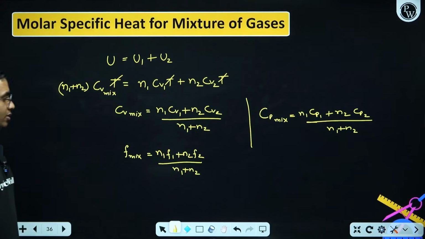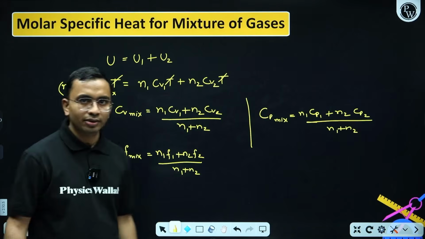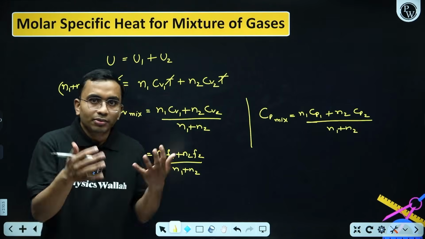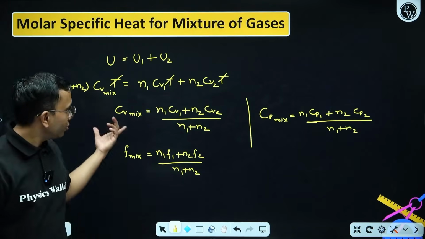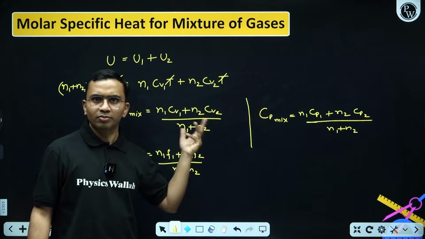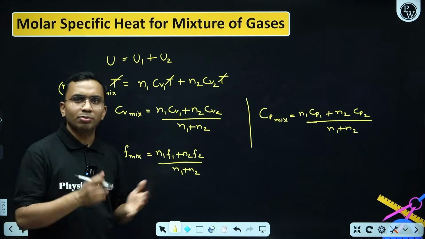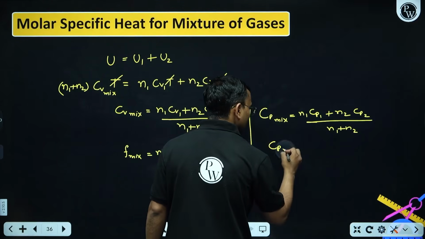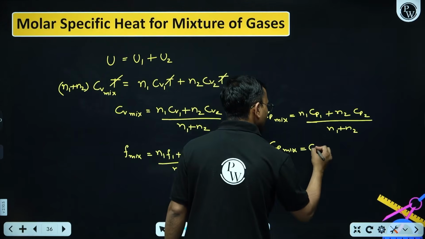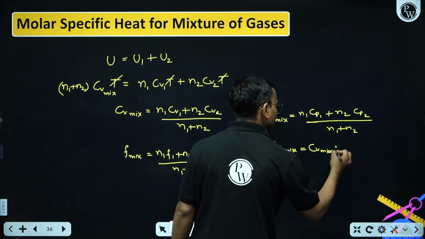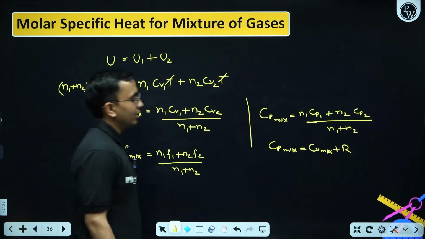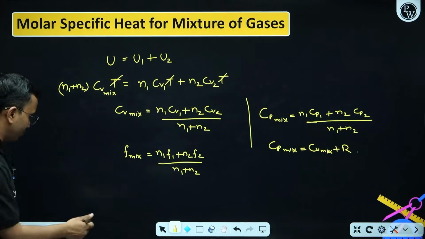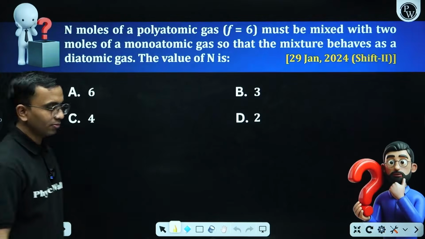So these formulas you can keep in mind. Okay, and let's say they are talking about gamma of the mixture. Then you may find Cv of the mixture, from there Cp of the mixture, just add R. Okay, means Cp of the mixture certainly will be Cv of the mixture plus R. And from there you can write what is gamma of the mixture.